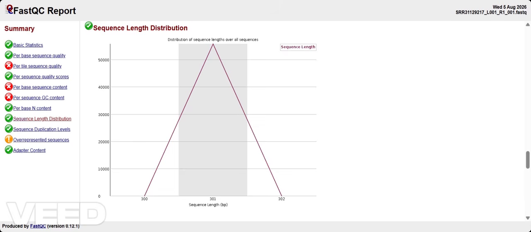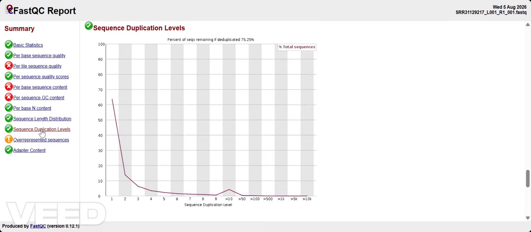Next is sequence duplication level. This checks how many times the same sequence appears in our dataset. If many reads are exactly or almost exactly identical, they are considered duplicate sequences. Our report shows a relatively high proportion of duplication, but the module itself is marked as a pass.